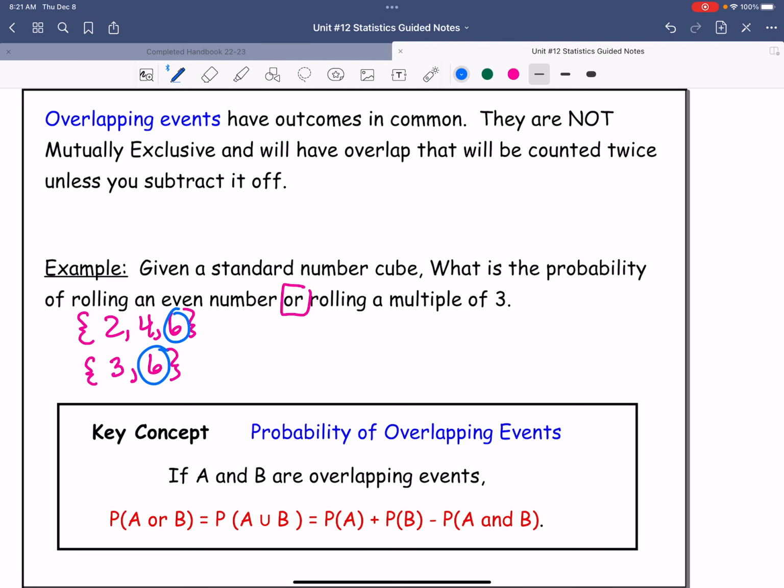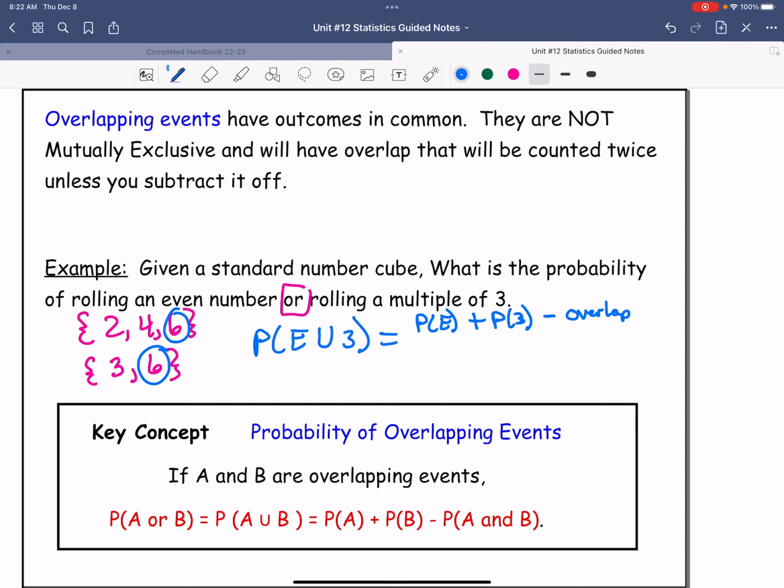So if we're finding the probability of an even number or multiple of 3, then we get probability of even, add to the probability of 3, but then we subtract off the overlap, because that overlap is going to be included in both of these probabilities.